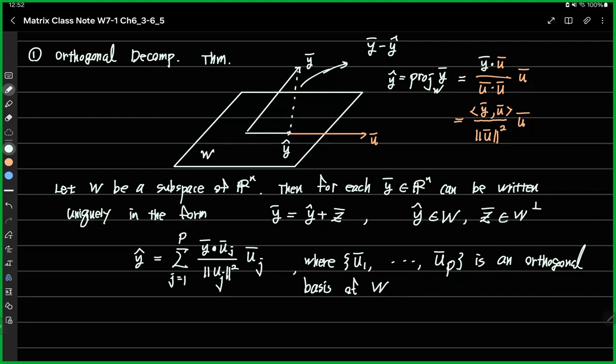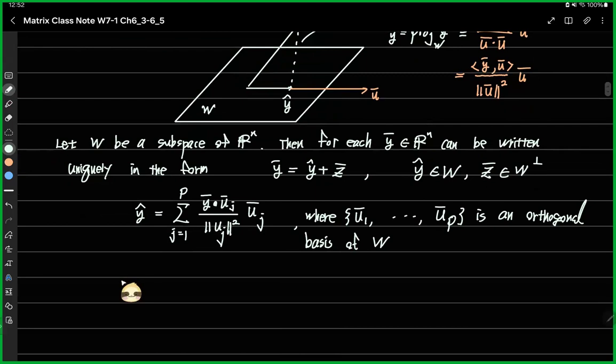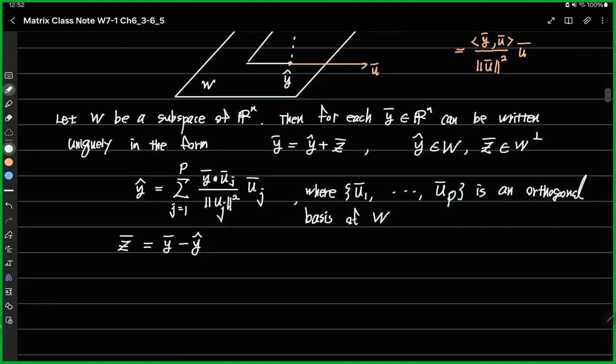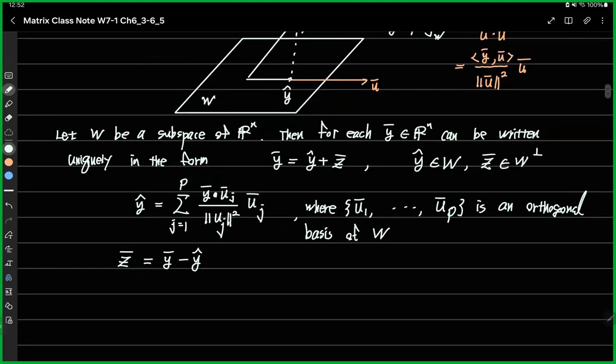Okay. So now it means that z is equal to what? y minus y hat, right? Okay. So what is z then? In this figure, that's z, right? y minus y hat. So the vector y hat is called the orthogonal projection of y onto W. We know that, right?